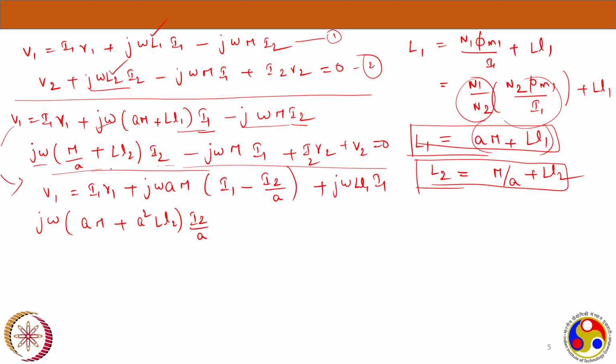If you see, it is the same term here, I2 by a, minus j omega aM I1 plus I2 by a squared R2 plus I2 by a squared Z2 is equal to 0.